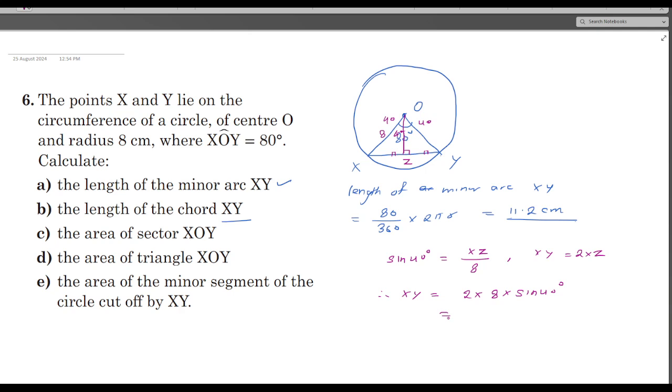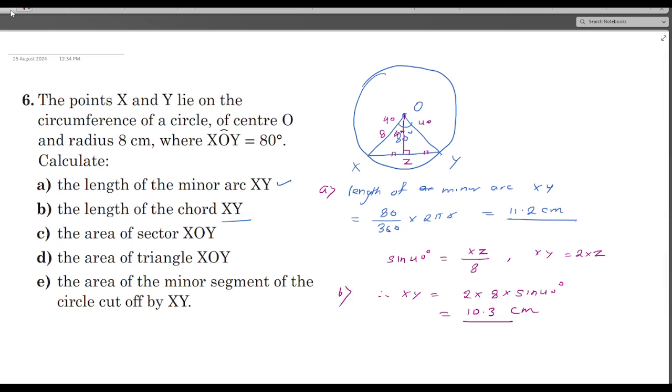So the result will be 10.3. Length is in centimeter. So 10.3 centimeter is answer for question 6b. Now next question. The area of the sector XOY. So for area, this is your question A, this is your question B.